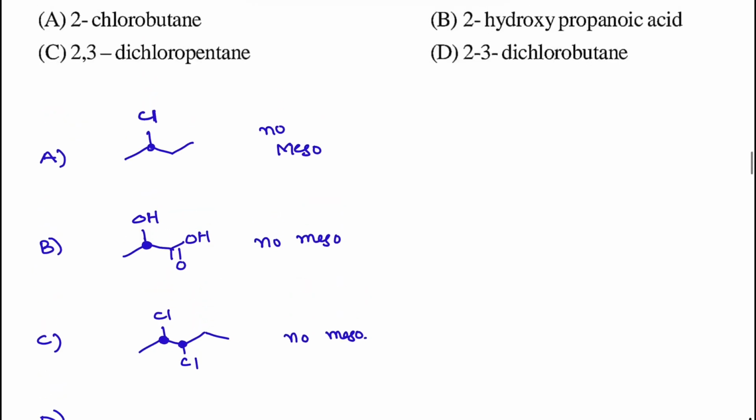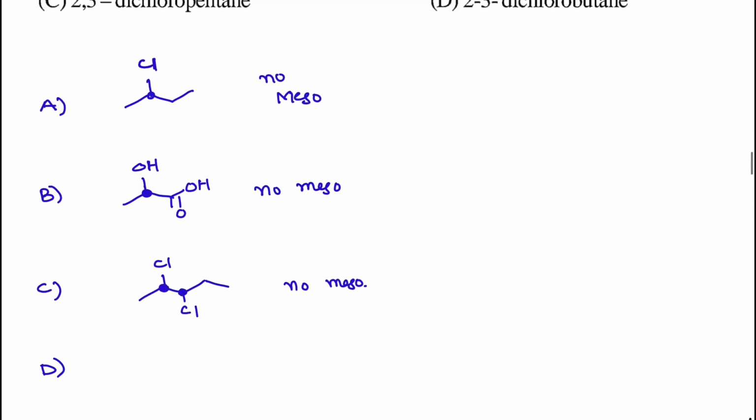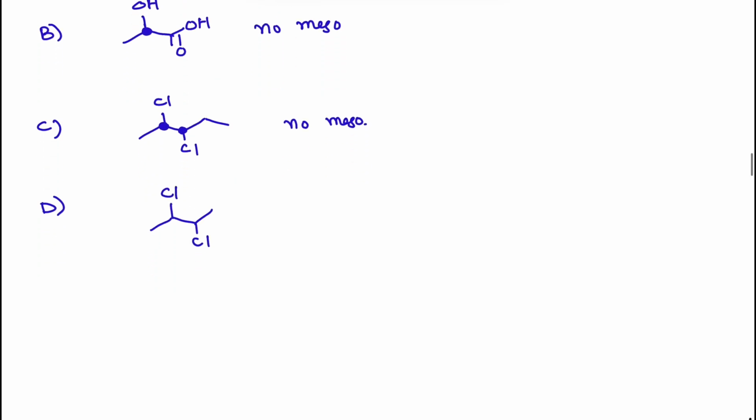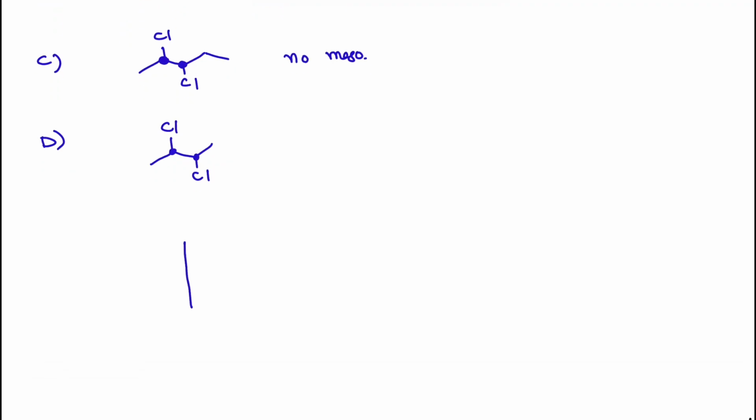And in case of option D, 2,3-dichlorobutane. If you see this particular example, there are 2 chiral centers, and these 2 are similar chiral centers. In one of the stereoisomers, the 2 chlorines will be like this.